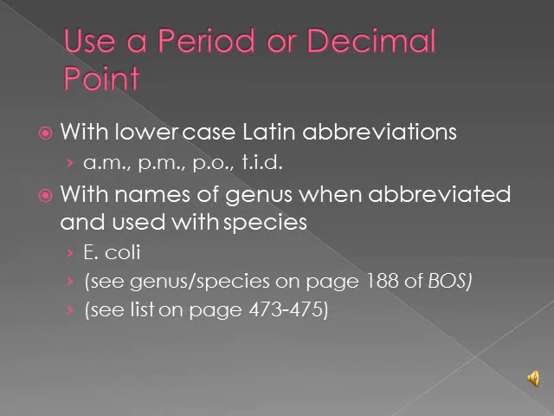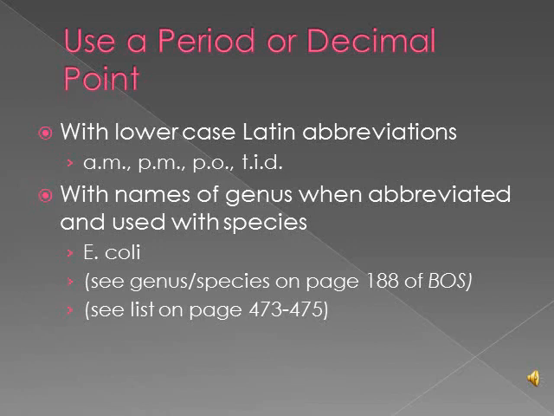We're also going to use periods with lowercase Latin abbreviations, such as a.m. and p.m. And notice when we use lowercase a.m. or p.m., we're going to have periods in between. We also have a lot of Latin abbreviations used with our medical language, and specifically when we're talking about medication dosages, such as p.o. and t.i.d. That's how those are dictated.